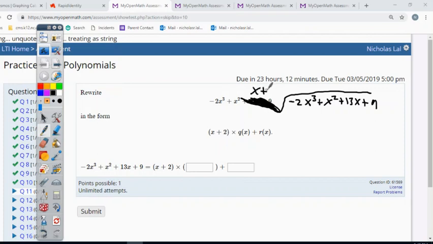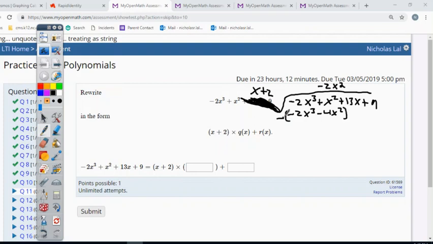All right, so I need a number that multiplies by x to give me negative 2x cubed. That's going to be negative 2x squared. Negative 2x squared times x is negative 2x cubed, and negative 2x squared times 2 is negative 4x squared.